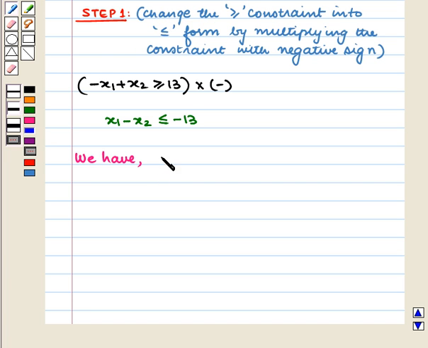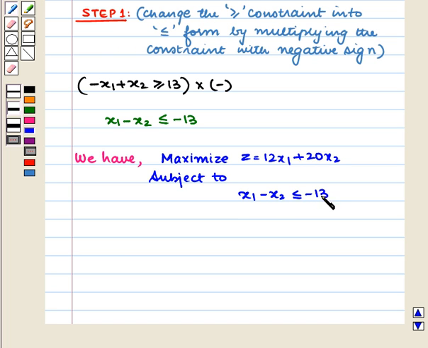So we have maximize z equal to 12x1 plus 20x2 subject to x1 minus x2 is less than equal to minus 13, 2x1 plus 9x2 is less than equal to 72, x1 is greater than equal to 0 and x2 is greater than equal to 0.